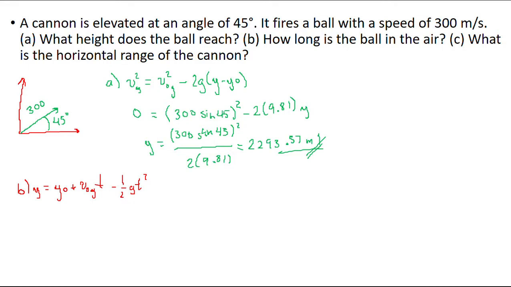Okay, so the final position in y is going to be 0 because after it's thrown and it does this part, it's going to return to 0. The initial point was 0. The initial velocity is 300 sine of 45 times the time, which we don't know, minus a half of 9.81 times t squared.